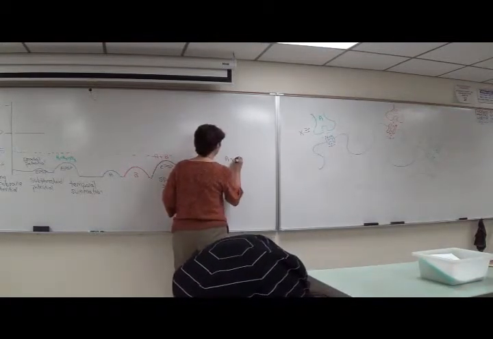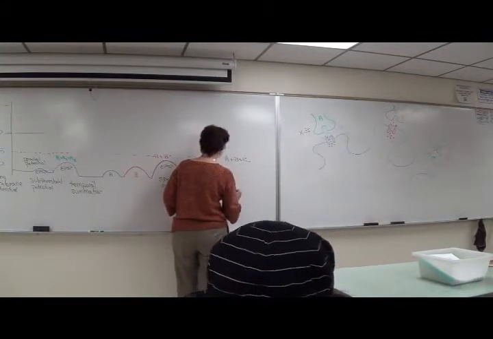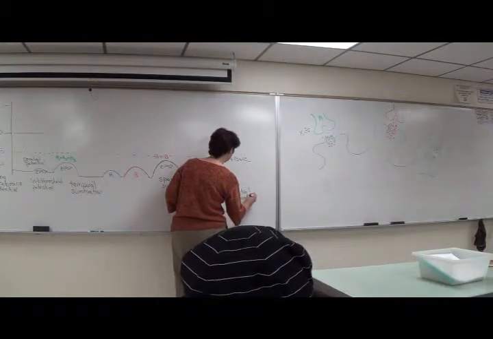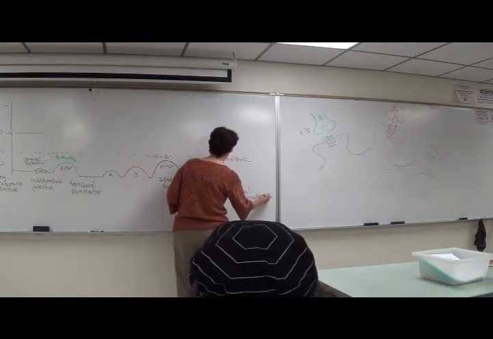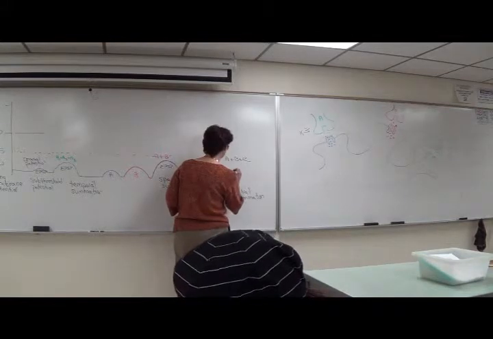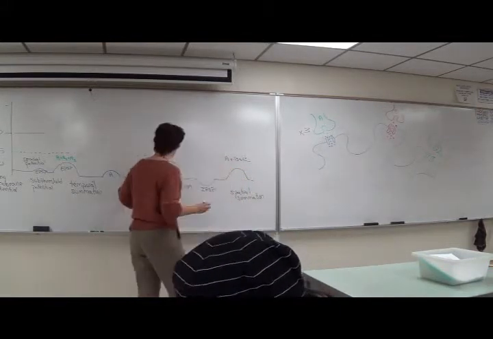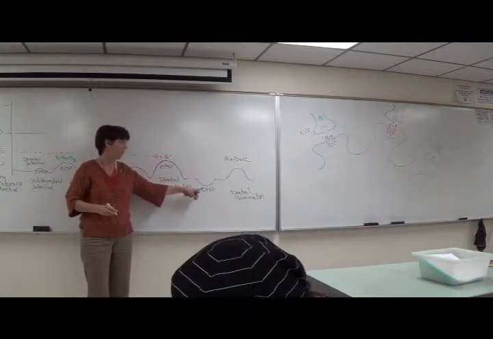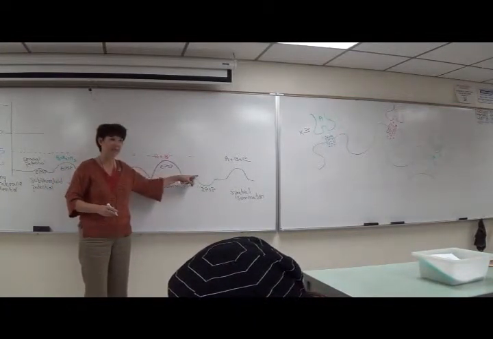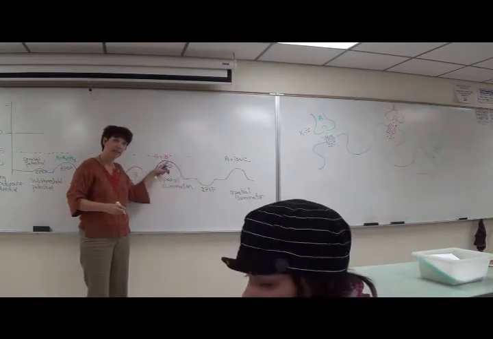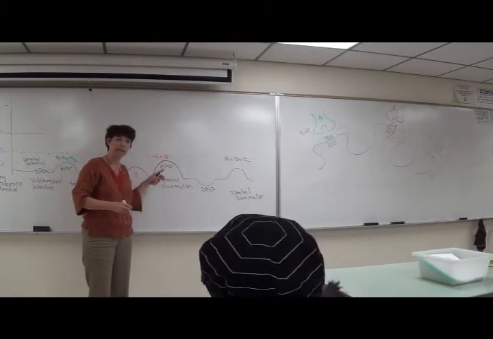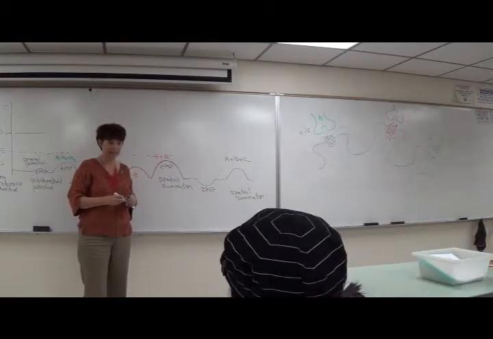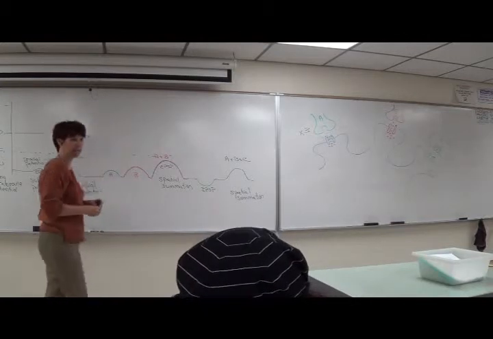So A plus B plus C as a spatial summation. It's going to result in this. Still excitatory, but not as much because I had to fill this in with a bunch of positive ions, so my membrane potential change, my depolarization, was not quite as high. Does that make sense? Okay.